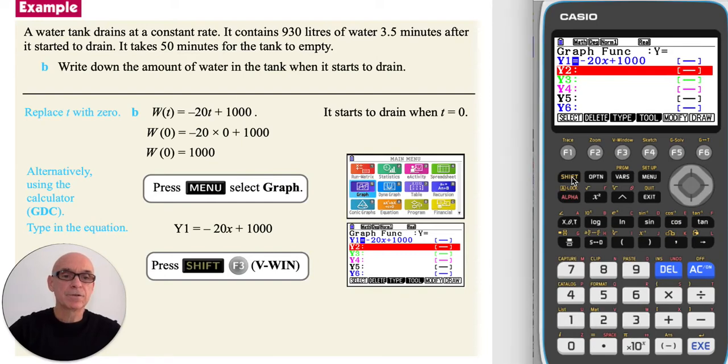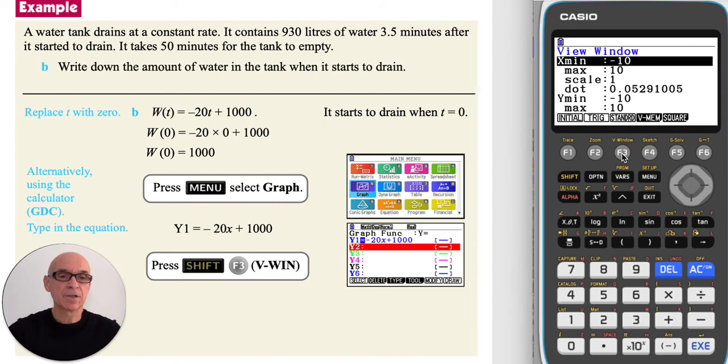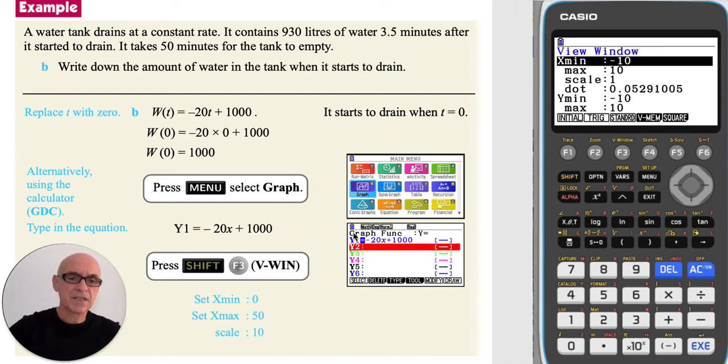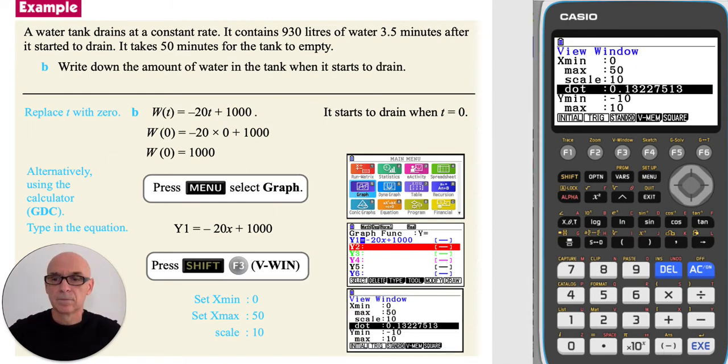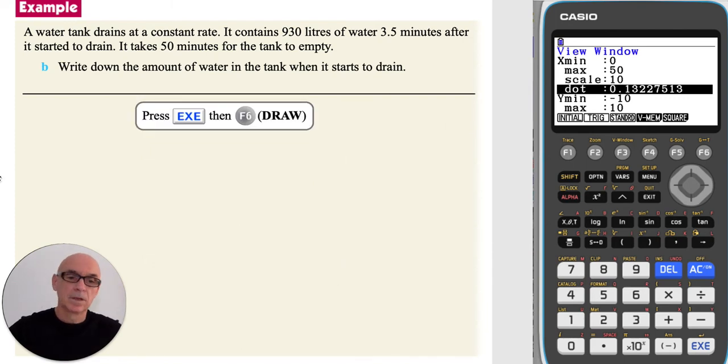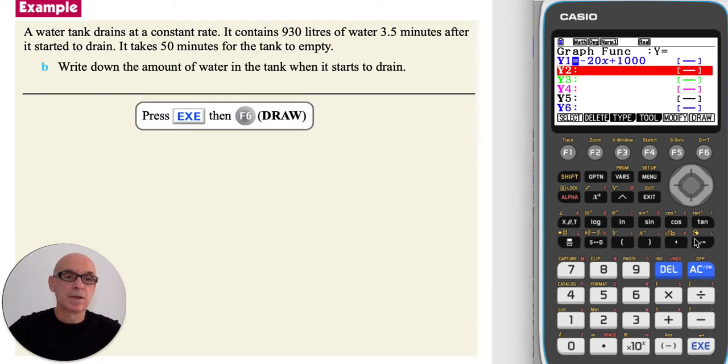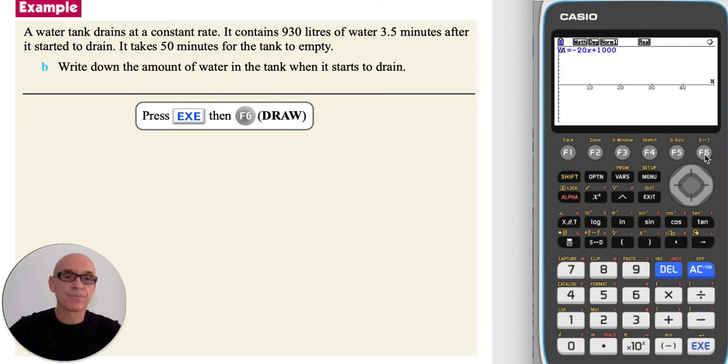Pressing Shift and F3, View Window, we can then set up a suitable window. Setting Xmin to 0, that's when the tank is full, and Xmax equal to 50, that's when the tank is empty, and perhaps setting a scale of 10. Then pressing Execute and F6 to draw the graph.